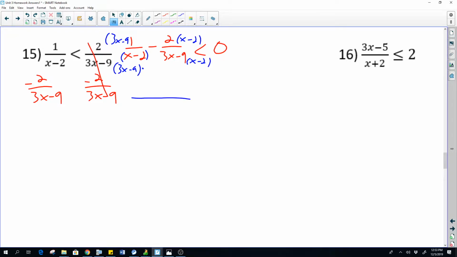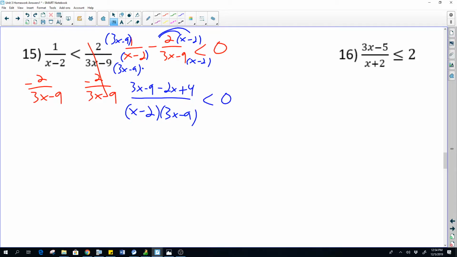So on the bottom, it will be x minus 2 times 3x minus 9. The bottom wasn't too bad because that's what we're trying to get. But the top, we do have to do some things. So 3x minus 9 times 1 is just 3x minus 9. And the negative 2 times x is negative 2x. Negative 2 times negative 2 is a positive 4, less than or equal to 0.